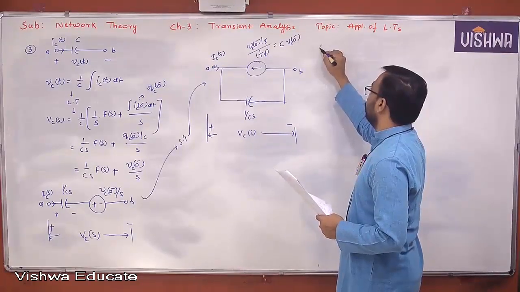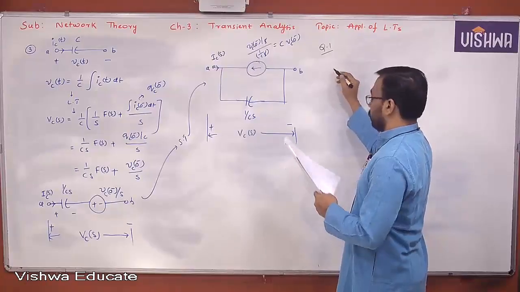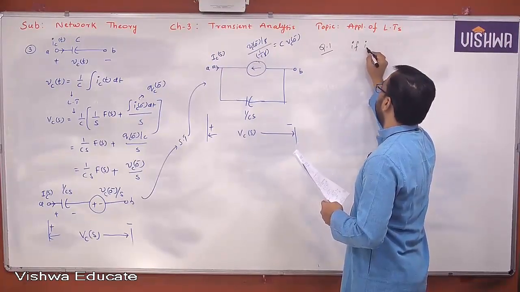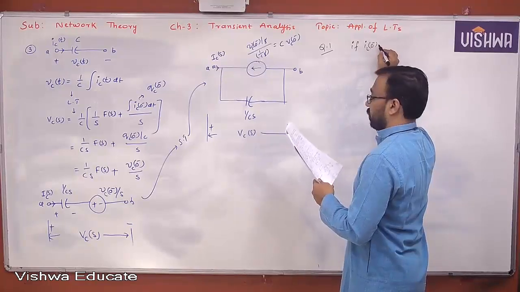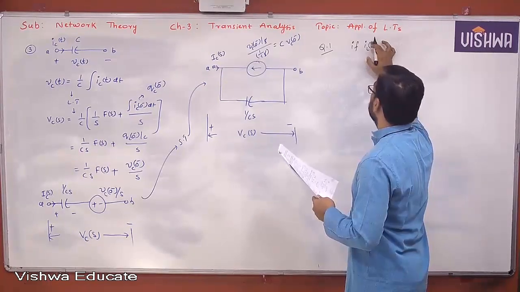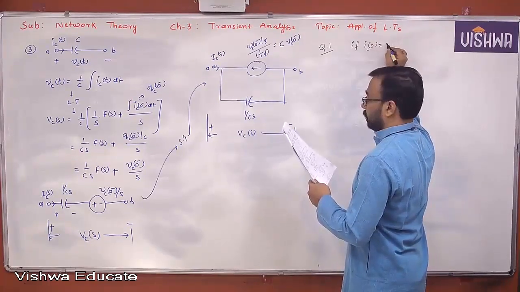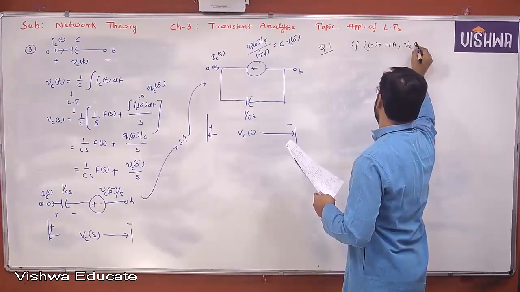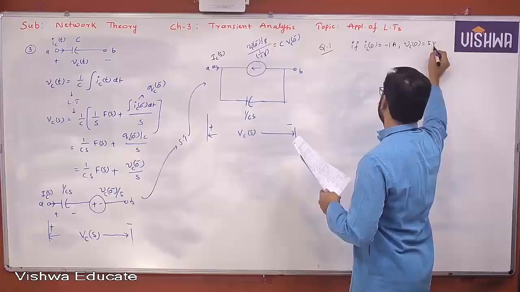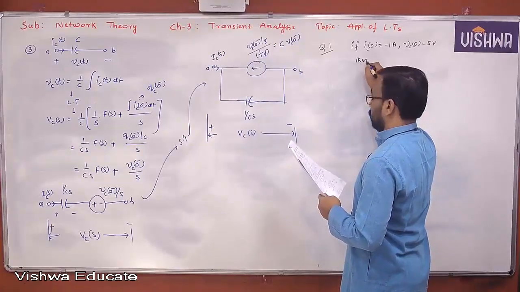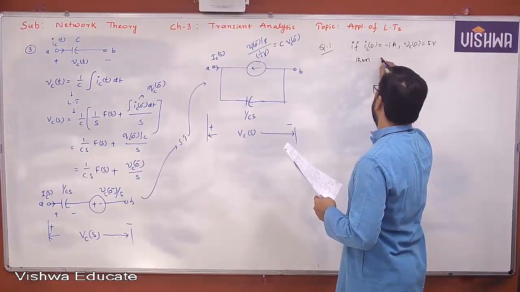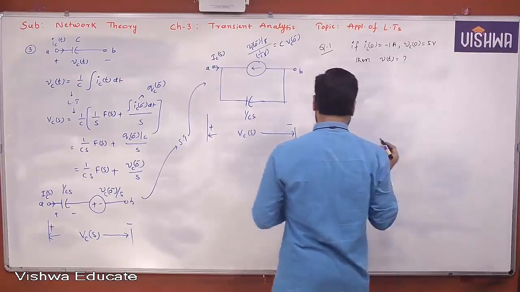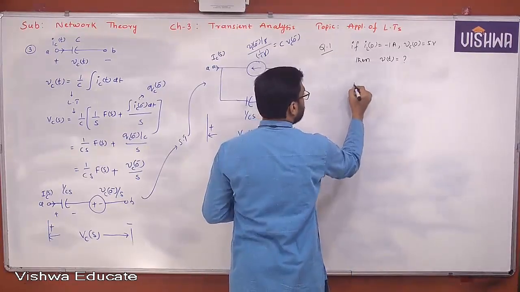Classroom workbook, question number 1. If IL of 0 minus is, sorry, minus 1 ampere. VC of 0 is 5 volt. Then find V of t. This is what the question. Okay. The network is given like this.